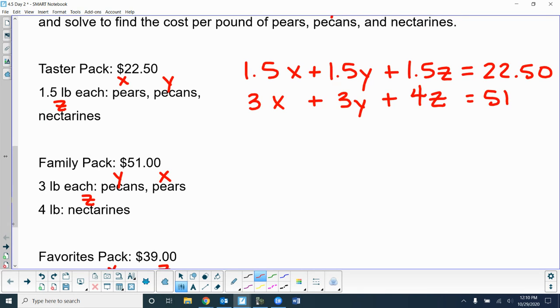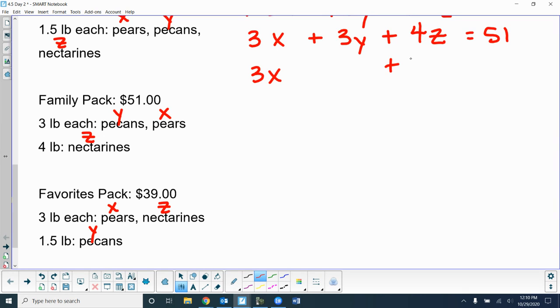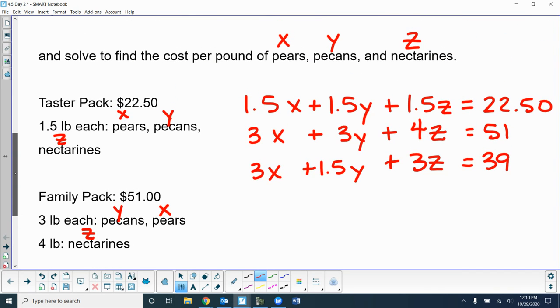And then the favorites pack, 3 pounds of pears and 3 pounds of nectarines and 1.5 pounds of pecans was $39. There's my 3 equations for this problem.